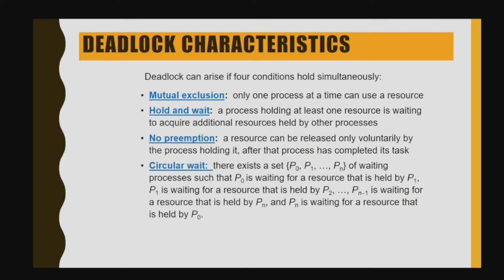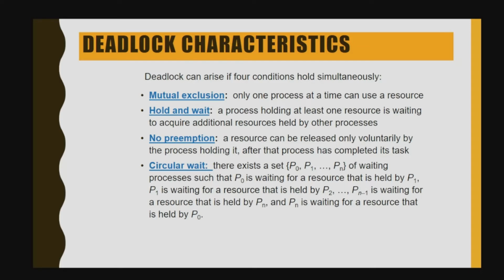In the next part, we go for the deadlock characteristics. There are 4 conditions under which the deadlock can occur. So there are 4 conditions that we can discuss on how the deadlock can happen.